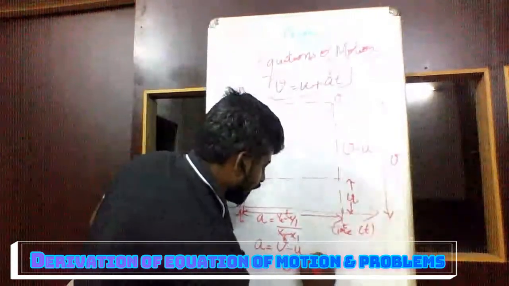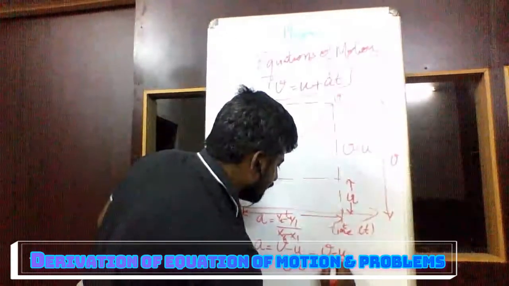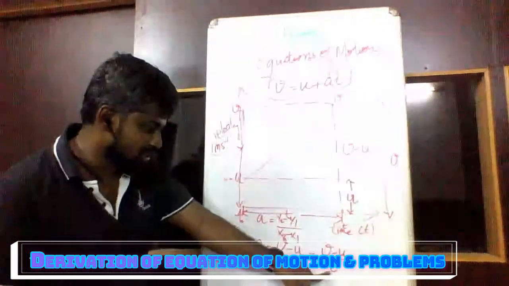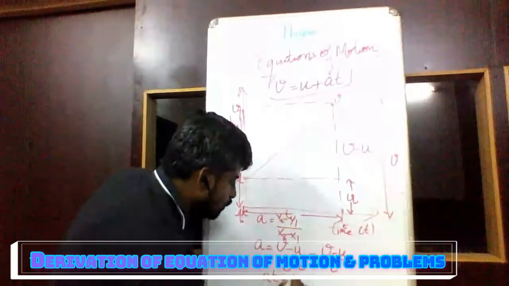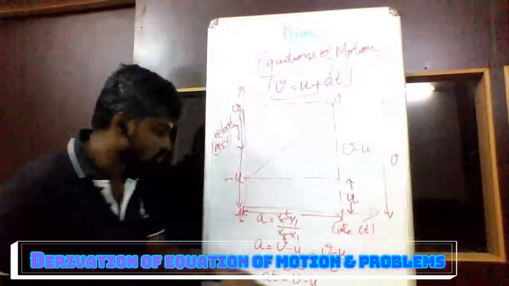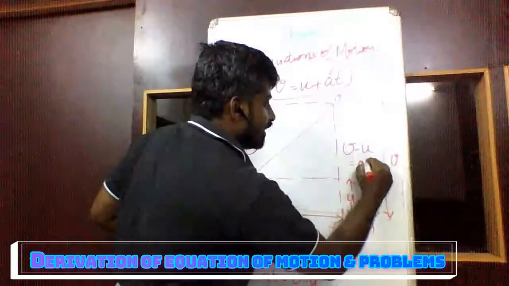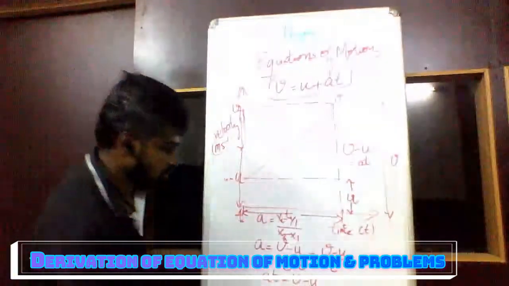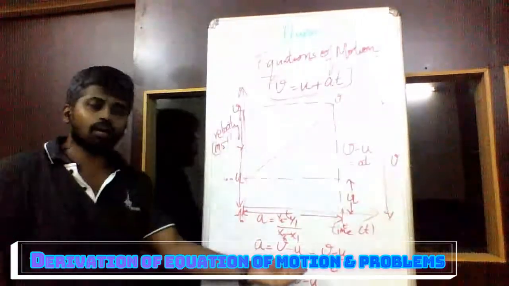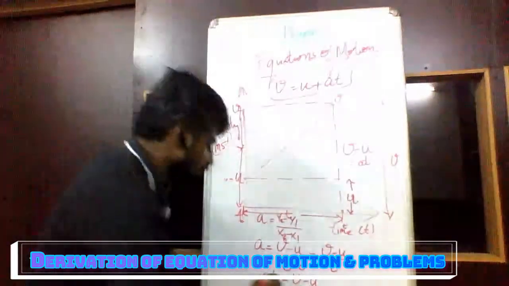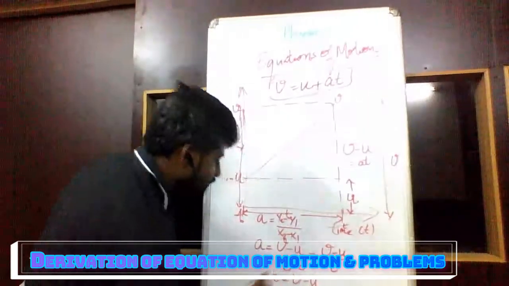So a equals v minus u divided by t. When this denominator comes to the other side, a t is equal to v minus u. So v minus u is equal to a t. So v is equal to this, and when minus u comes to the other side of the equal to mark, this becomes u plus a t.